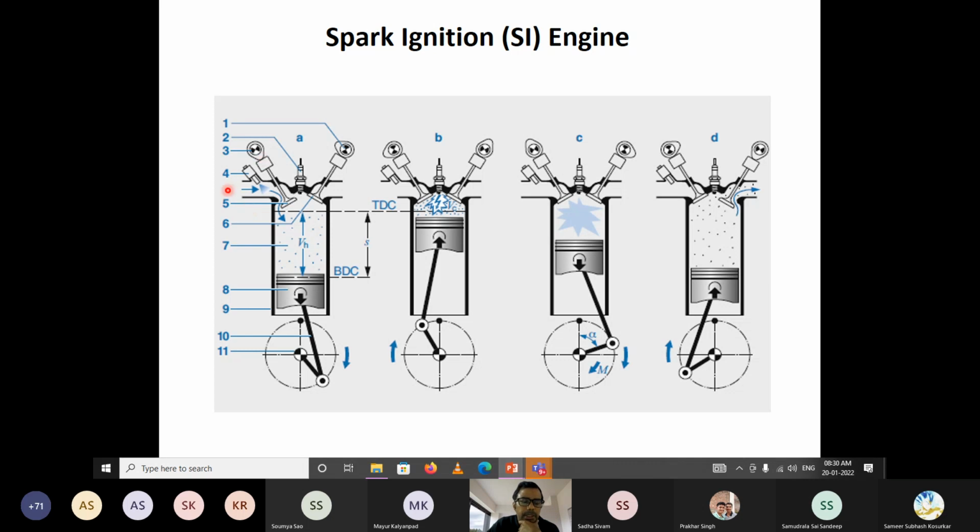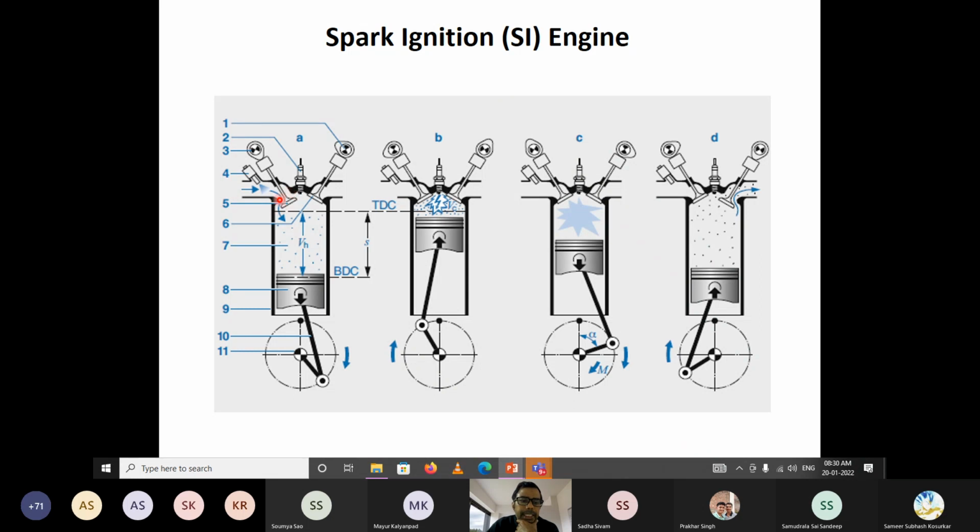See, the thing is like that. This pipe is slightly extended, and this exhaust pipe is also extended. This whole pipeline, in a simple way, is called the intake manifold, through which the air comes from the atmosphere into the combustion chamber.